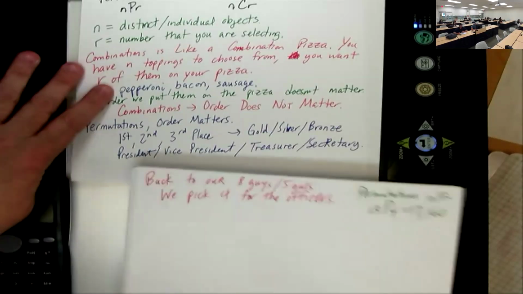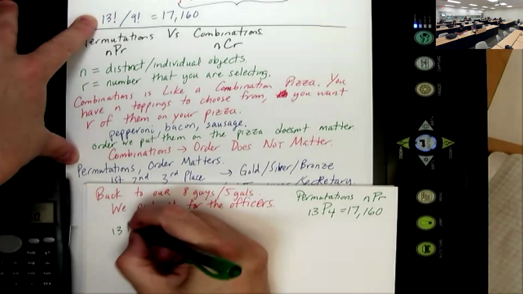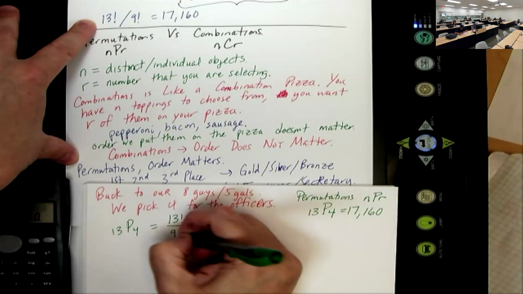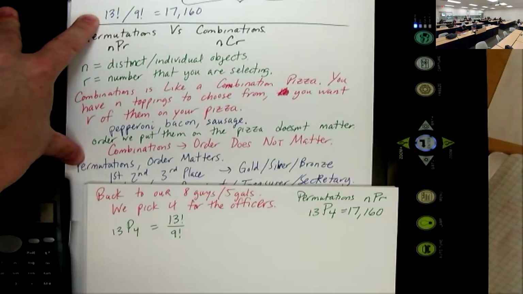But we already saw how that's set up. 13P4 is apparently the same thing as 13 factorial over 9 factorial, because that's what we got earlier.